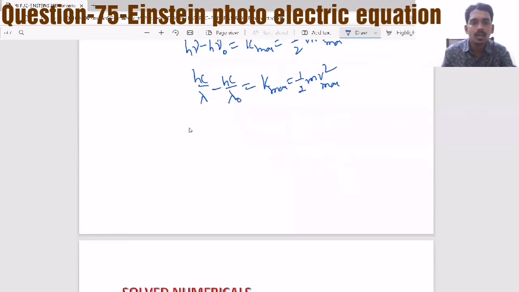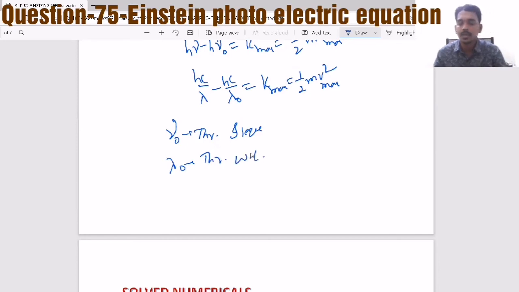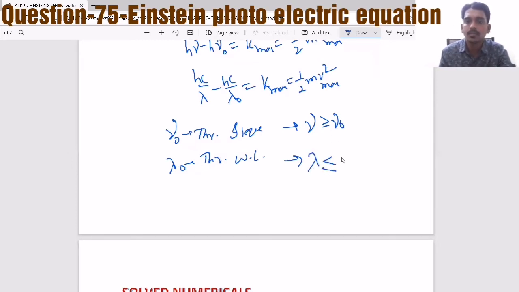Here nu naught is the threshold frequency and lambda naught is the threshold wavelength. The frequency of light or photon must be greater than or equal to the threshold frequency, but the wavelength of light must be less than or equal to the threshold wavelength. Then only the photoelectric effect happens.